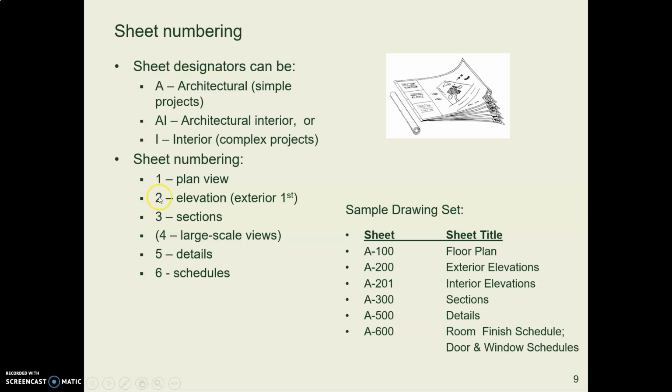So you can make some 200 pages exterior elevations, and then after that make more 200 pages interior elevations. So for example, here's a list on the lower right. A200 could be a sheet with exterior elevations. A201, following that, could be a sheet with interior elevations.